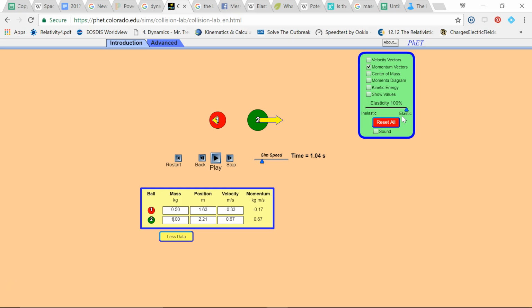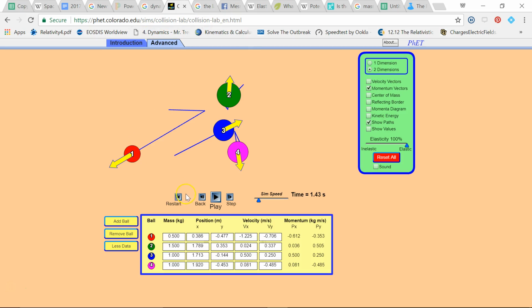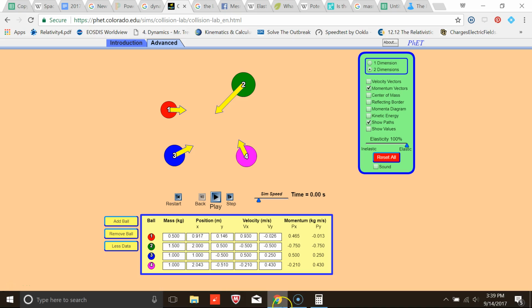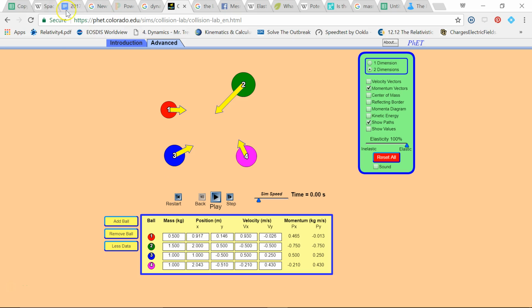So the ball will actually heat up. Different things happen within the ball, and that has to do with elasticity. So to get a perfect collision, we have to say it's 100% elastic, and there's no such thing as 100% elastic material in the world. But we need that for our simulated result.